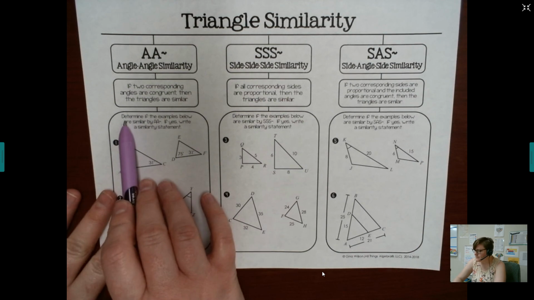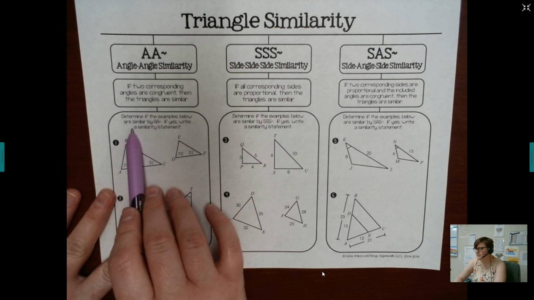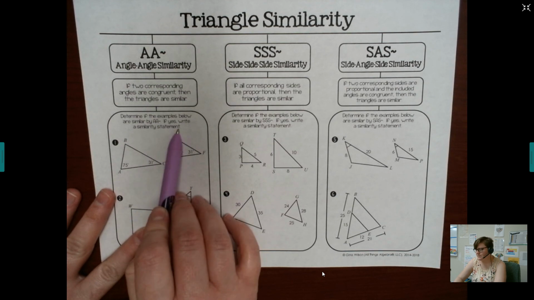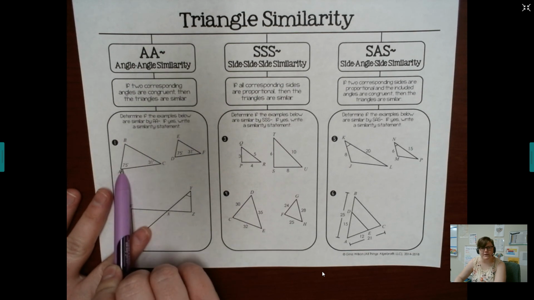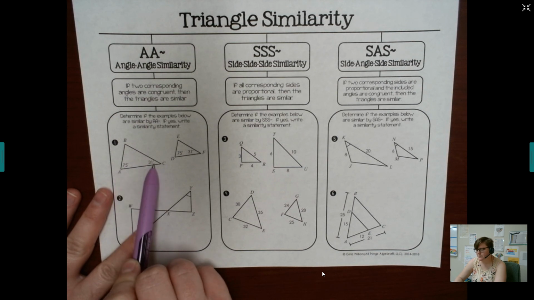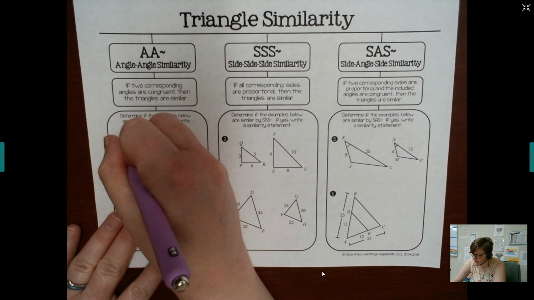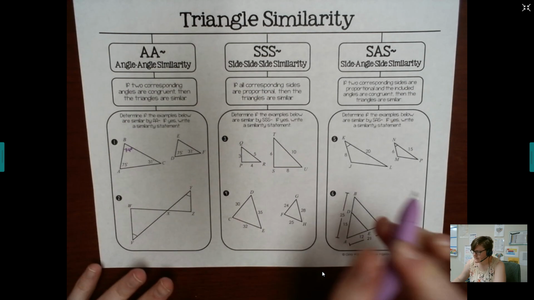So here it says determine if the examples below are similar by angle-angle similarity. If yes, write a similarity statement. So here we've got angle A is 75 degrees, angle C is 31 degrees, angle B isn't given, but we could easily find out by subtracting from 180 to get our third angle, 74 degrees.